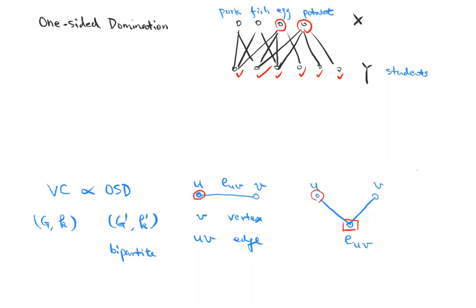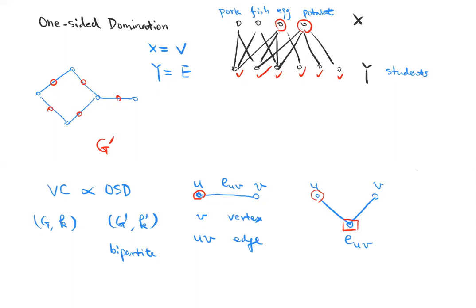So what we do is construct a bipartite graph where the vertices inside V will be the X side, and the Y side will be the edge set. We insert a vertex for each edge. So that's graph G prime.